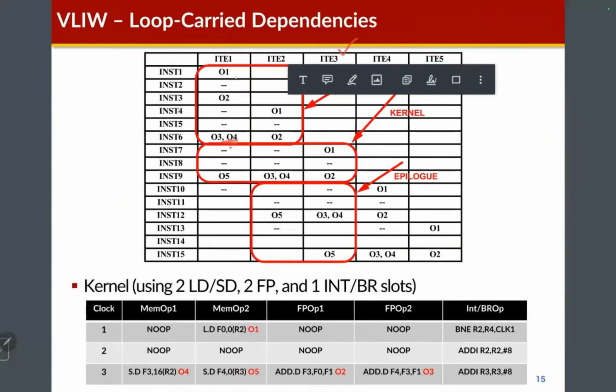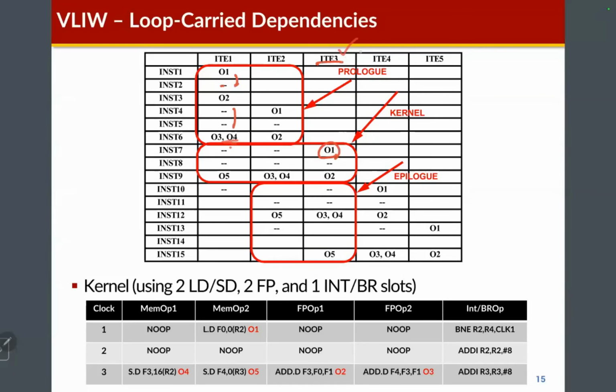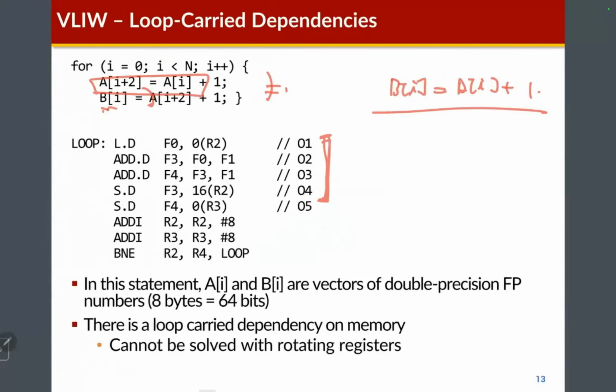We need to set some empty slots between O1 and O2, and here and here. And then O1 of iteration number 3 should be located after O3, O4. If you generate the software pipelining with this, then this becomes the kernel of this code.